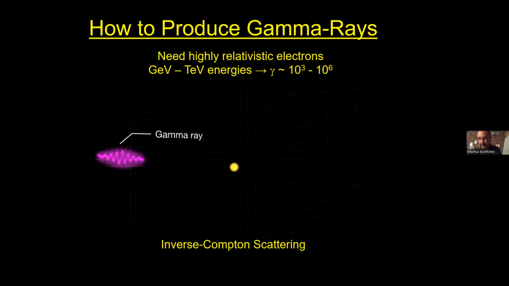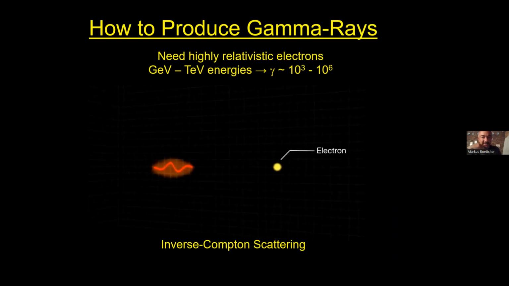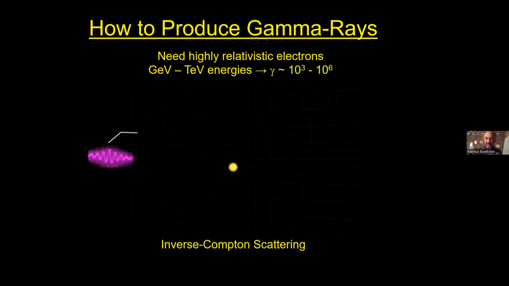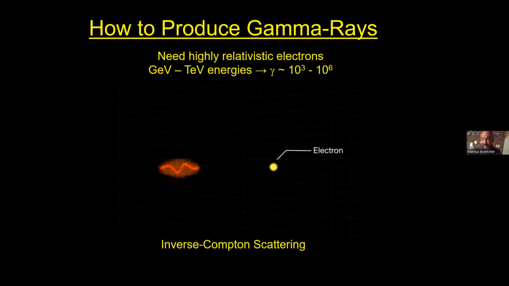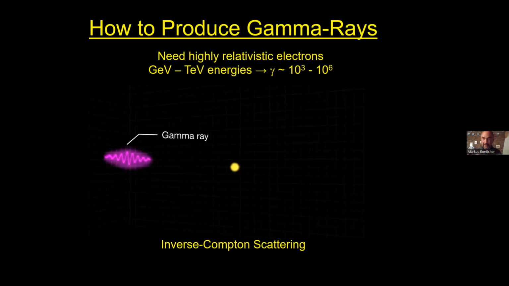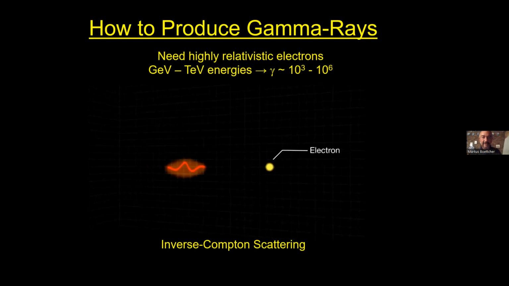So with Lorentz factors, some of you are familiar with relativity. Nothing can move faster than the speed of light, but these electrons approach the speed of light very, very closely, so that their total energy is actually thousands to millions of times larger than the rest energy, mc squared. So giga-electron volt to tera-electron volt energies.